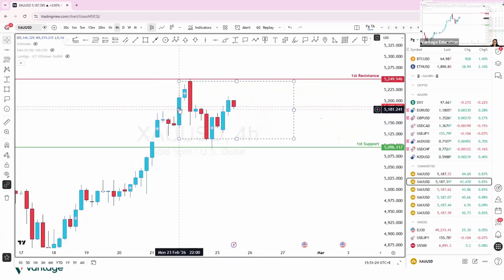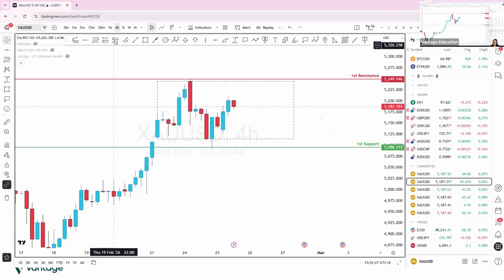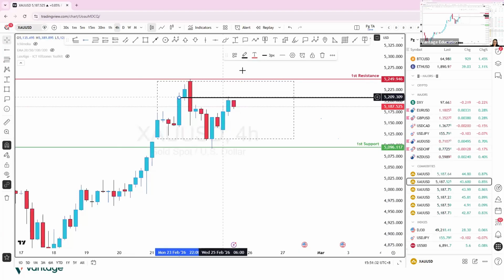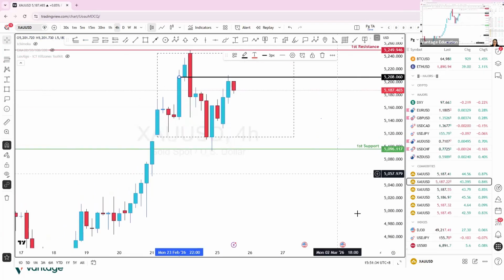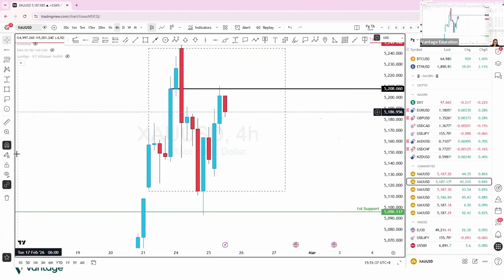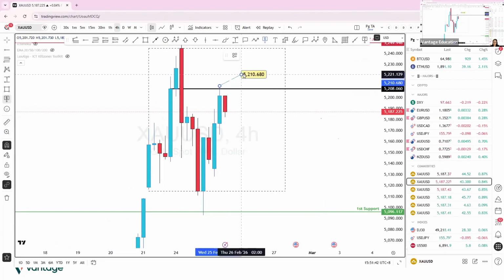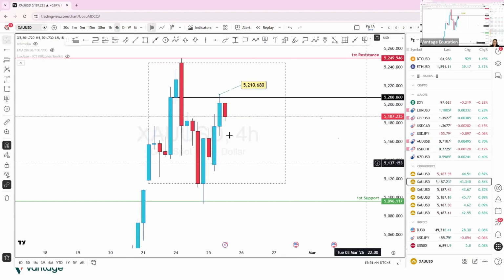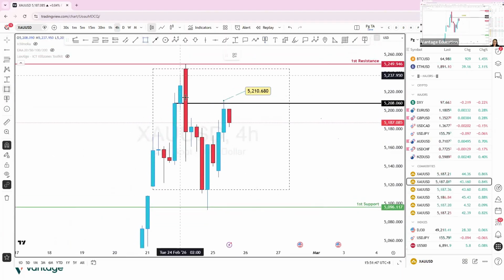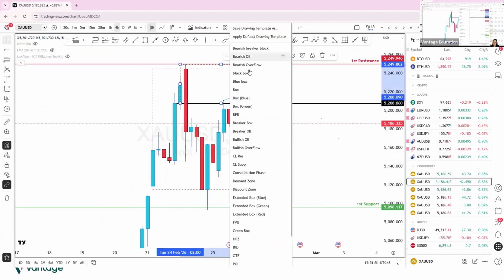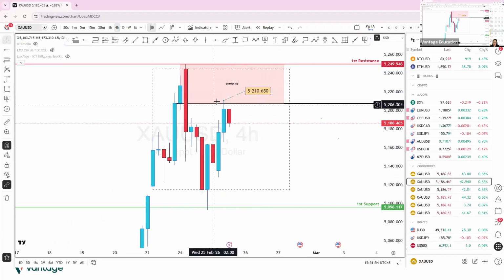Second, we sell or short because price comes to the OB plus the psychological number 5210. It's here, and then you see the fall, and our OB is from here to here. Price came in, then you see that the body closed below, so it is ranging right now.